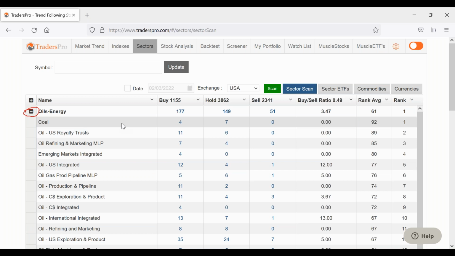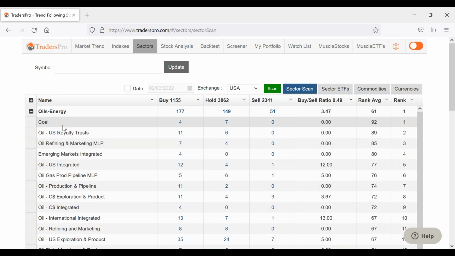So on oil, oil and energy is the main big sector there. You can look at the coal stocks. You could look at oil refining stocks, production and pipeline, refining and marketing. So you can break it down into different subgroups.